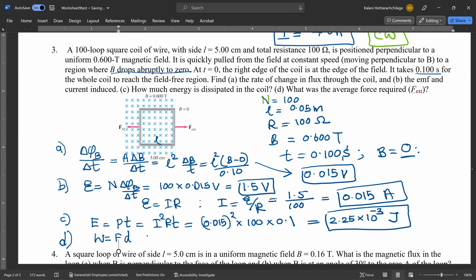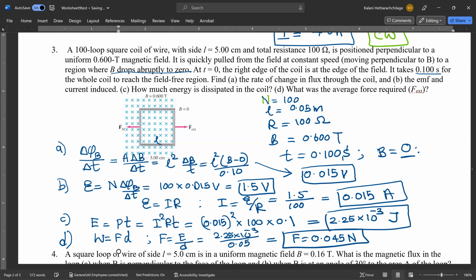Then I will be able to calculate the force by using the energy that you calculated divided by the distance it traveled. So this will be 2.25 times 10 to the negative 3, divided by the distance, which is just L, 0.05. That gives me the force equal 0.045 newtons.